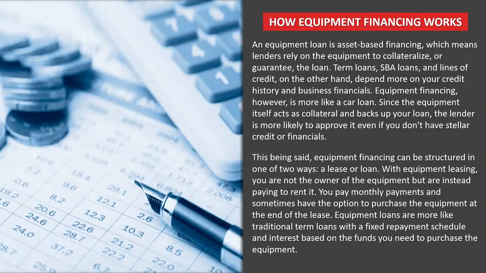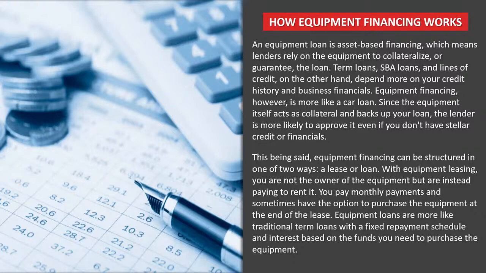And like I said, the actual asset is used as collateral. So if you're buying that particular truck or piece of equipment, what is known is that if you can't keep up the payments, they will repossess it and take it back. Equipment finance can also be financed in two ways.